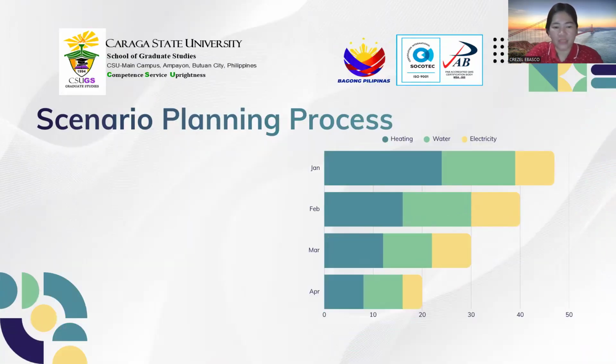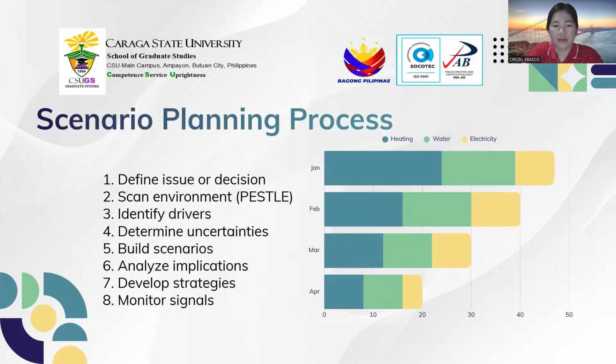The scenario planning process generally consists of 8 steps. First, define the strategic issue or decision. Second, conduct environmental scanning using frameworks such as PESTEL: political, economic, social, technological, legal, and environmental. Third, identify major driving forces affecting the organization.